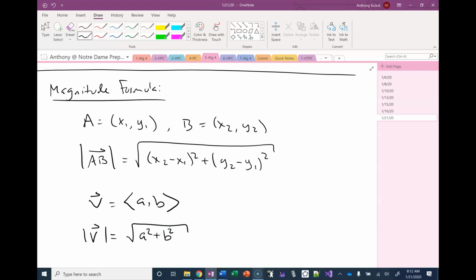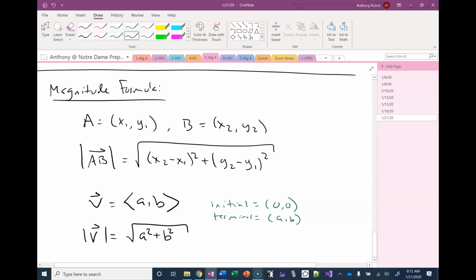Why is that? In component form, what's the initial point? It's the origin.